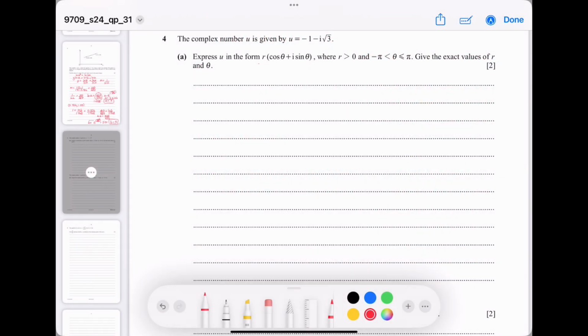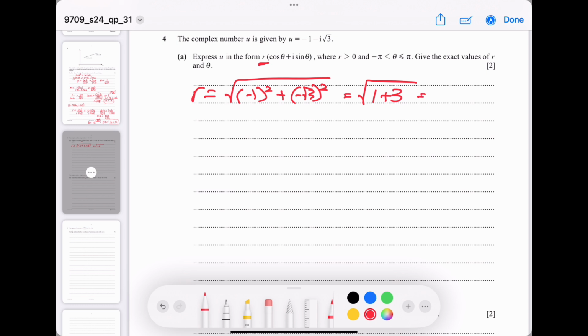So number 4. So I'm going to start off finding r. So r is the square root of our two coefficients here, or our two values here. So it's -1 squared plus -√3 squared, which is 1 plus 3.